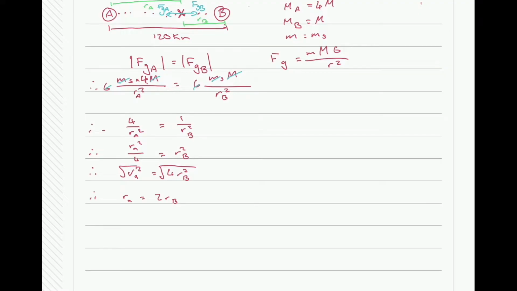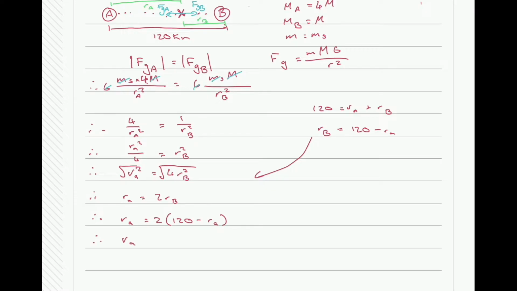So in this case, we said it before, 120 is equal to RA plus RB. So in this case, I'm going to figure out what RB is. So RB is equal to 120 minus RA. So I'm going to substitute that now down in that step. So RA is equal to 2 times 120 minus RA.